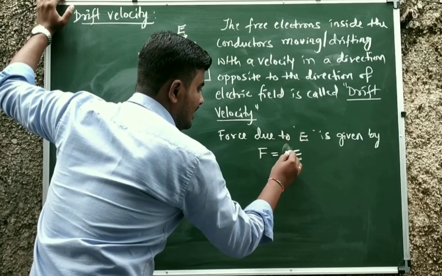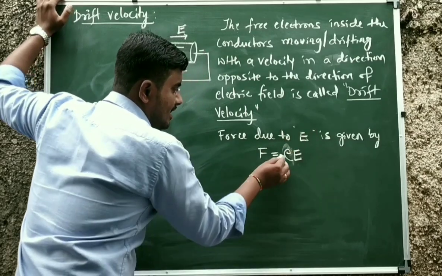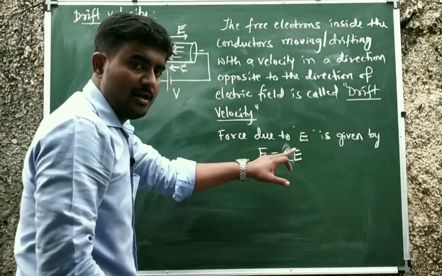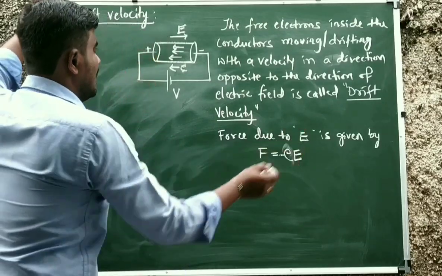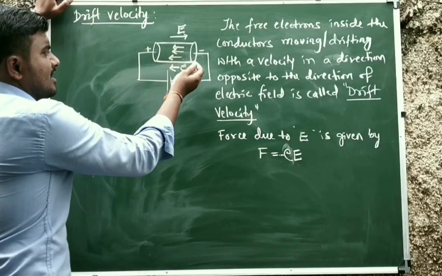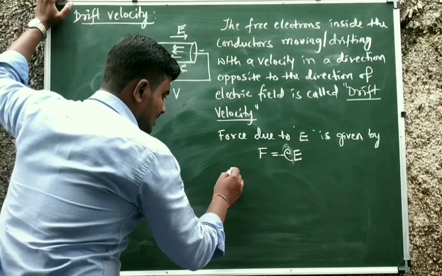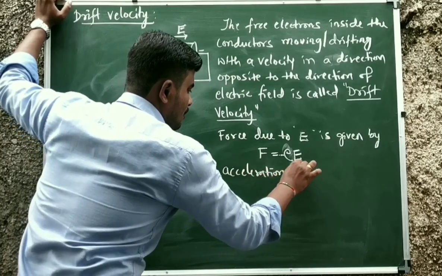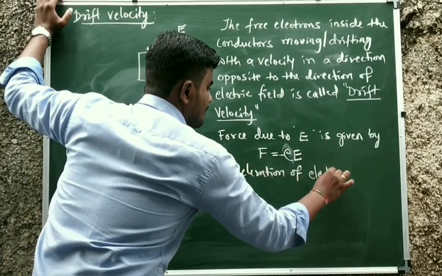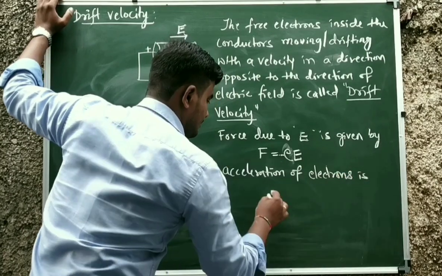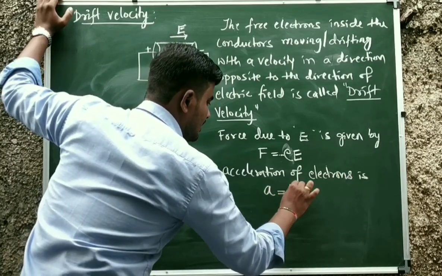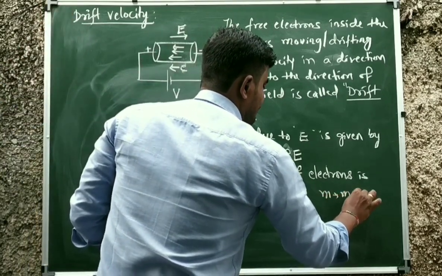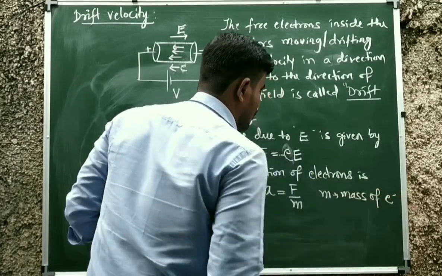Instead of q, I will take it as e, and I place a negative sign because the force and electric field are in opposite directions. These free electrons drift with an acceleration, given by a = F/m, where m is the mass of the electron, because electrons are drifting.